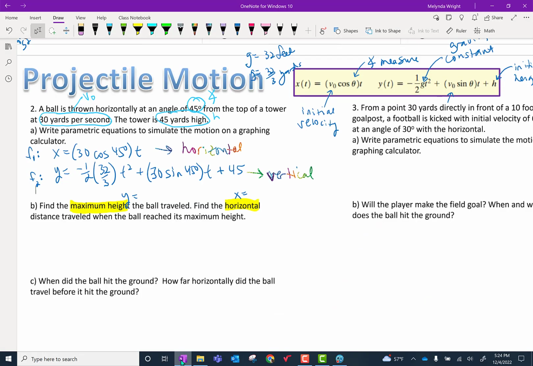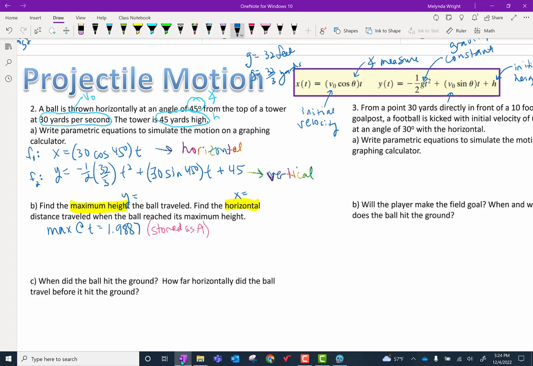Okay, so the maximum height. All right, so we have the max happened at t equals, and we just need to write this down so we're communicating what we're doing, 1.9887. And I'm going to make myself a little note. I stored this number as A, just in case I forget.